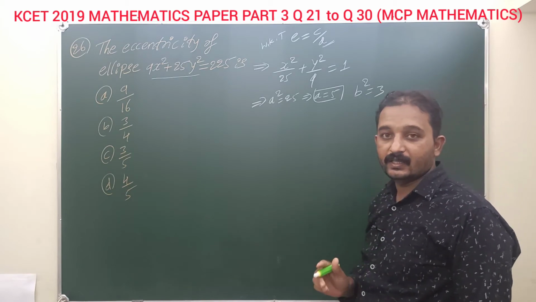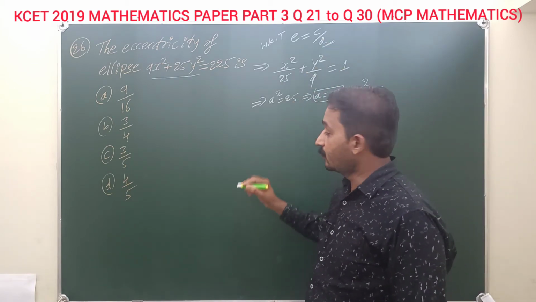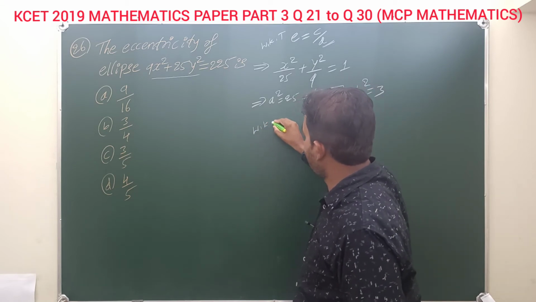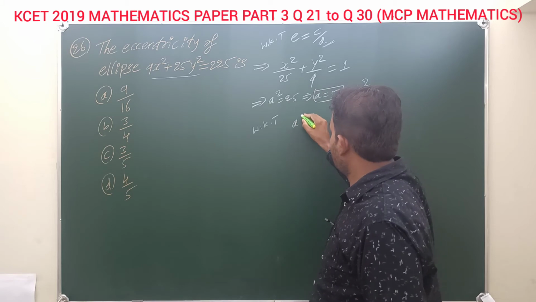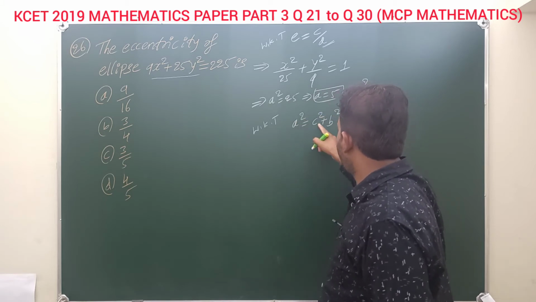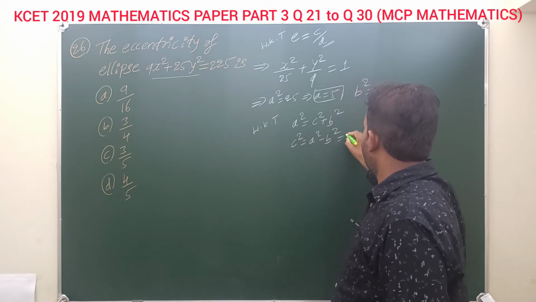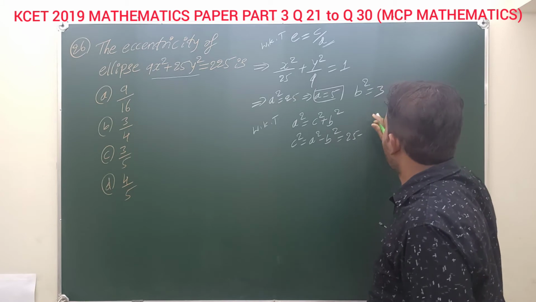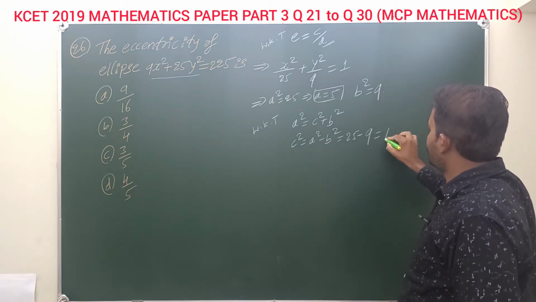Using the relation between a, b, c, we find the value of c. We know that a square is equal to c square plus b square, so c square is a square minus b square, which is 25 minus 9, that is 16.